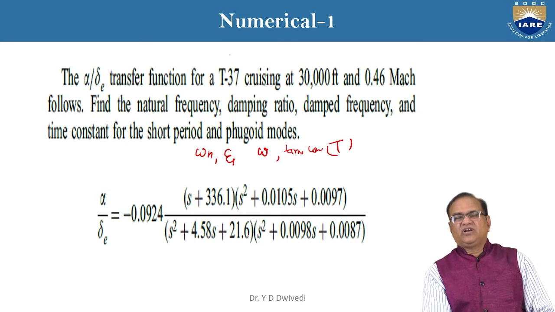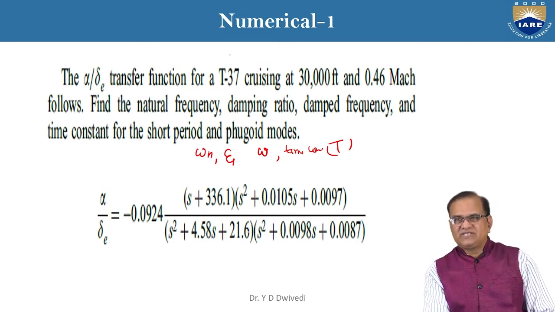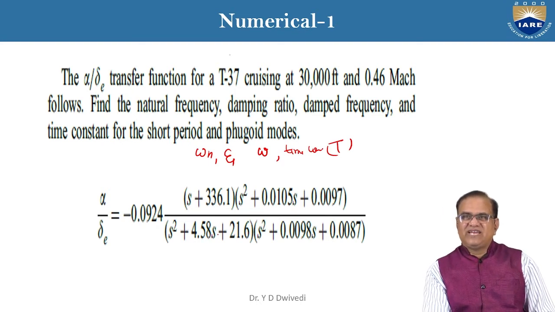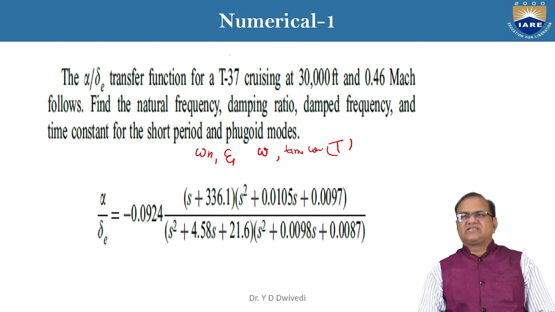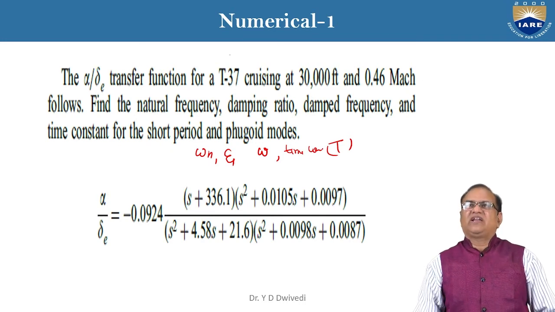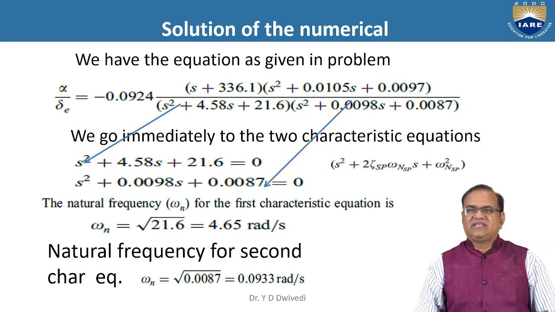Here we have two polynomial equations: s square plus 4.58 s plus 21.8, and s square plus 0.0098 s plus 0.0087. So these equations are given. Now we are going to solve this equation.